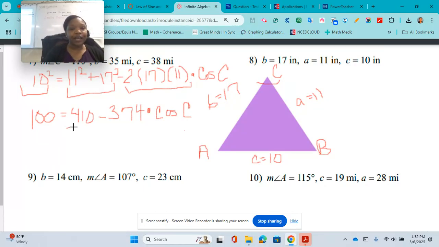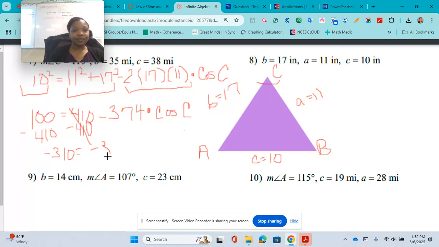So we move it by subtracting 410 on both sides. 100 minus 410 is negative 310. Equals what?